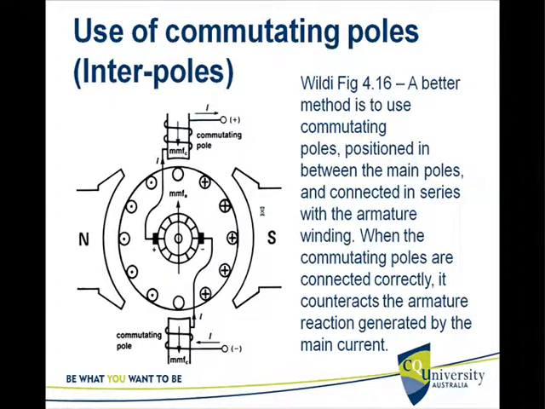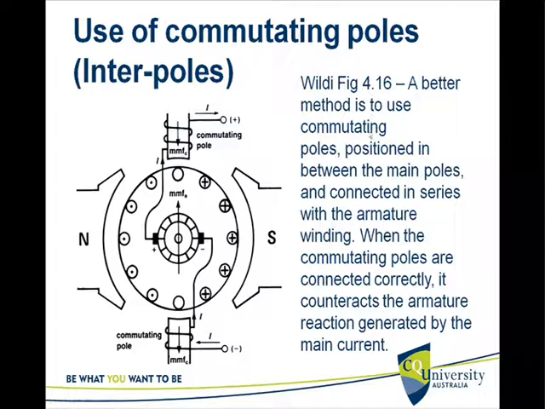One is the use of commutating poles. So you introduce commutating poles in between the poles of the machine to create some kind of additional flux, which will try to bring the brush position to the neutral position.